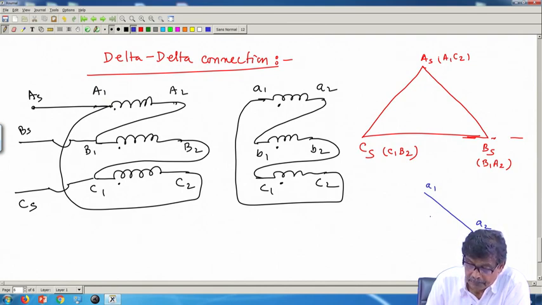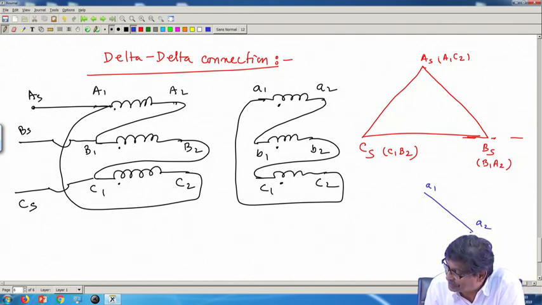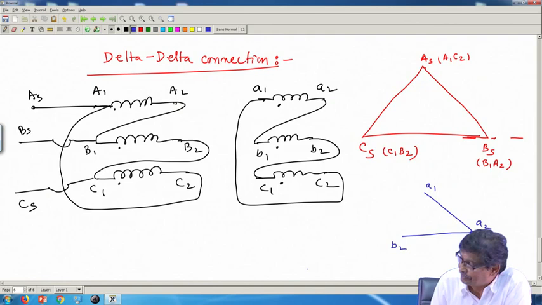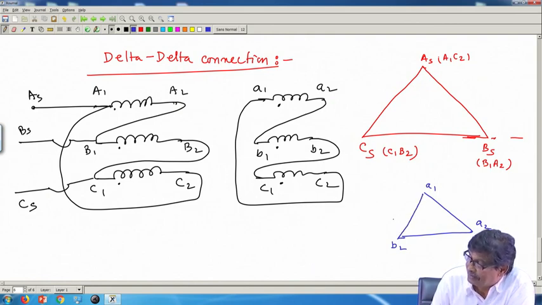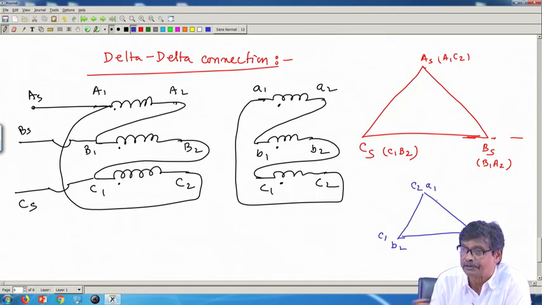But B1 is connected to A2, so B1 must be placed here. And finally, you bring this C1 C2, you get the same triangle.